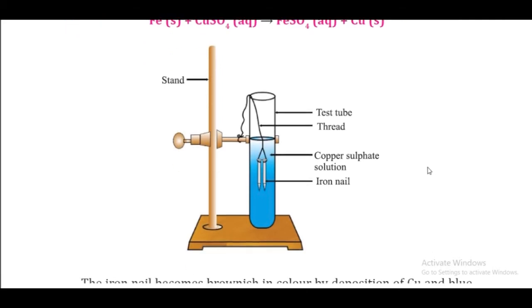You can see the setup of the activity we can do: there is a test tube in which there is copper sulfate solution which is of blue color, and iron nails are dipped in it. These iron nails, when react with the copper sulfate solution, they displace the copper and form their own salt solution which is of dirty green color.